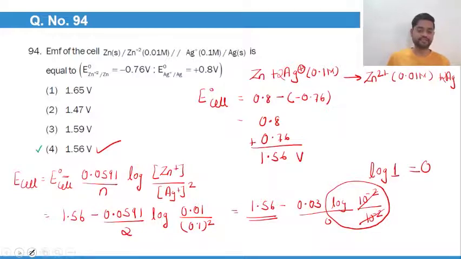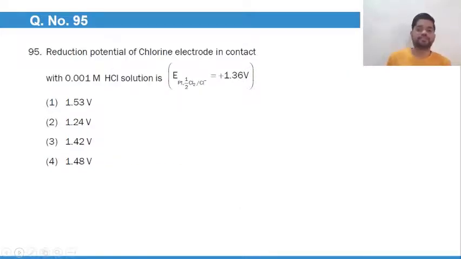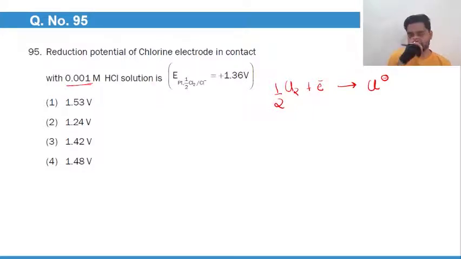Then, the reduction potential of a chlorine electrode in contact with 0.001 molar HCl solution. So we are doing reduction. Reduction means half mole of chlorine will take an electron to get converted to Cl minus ion. The concentration of that Cl minus ion is 0.001 molar.